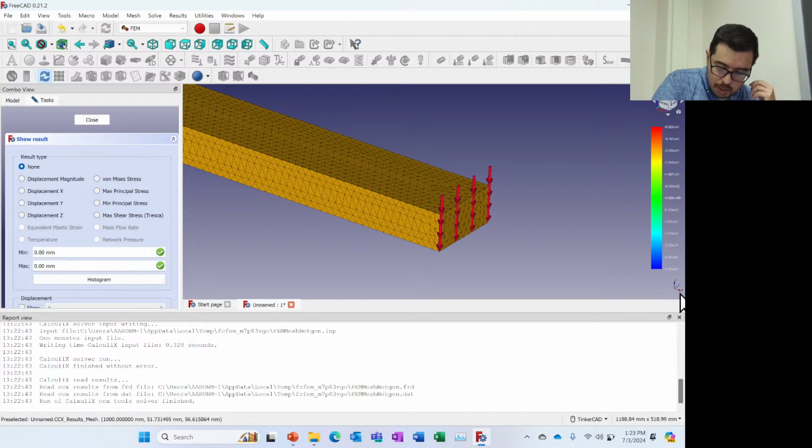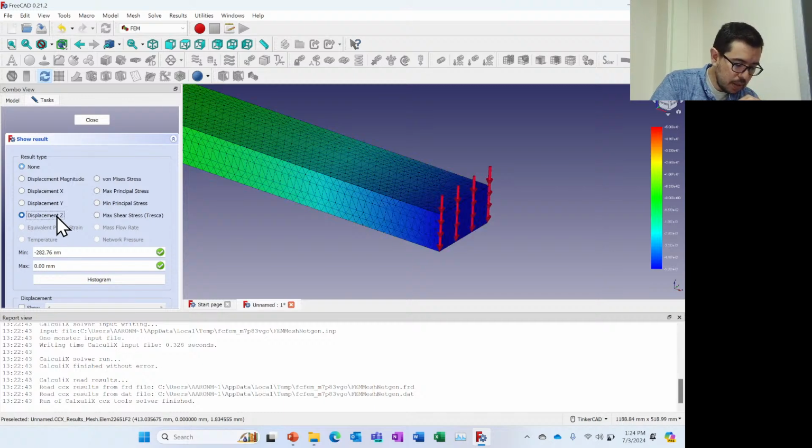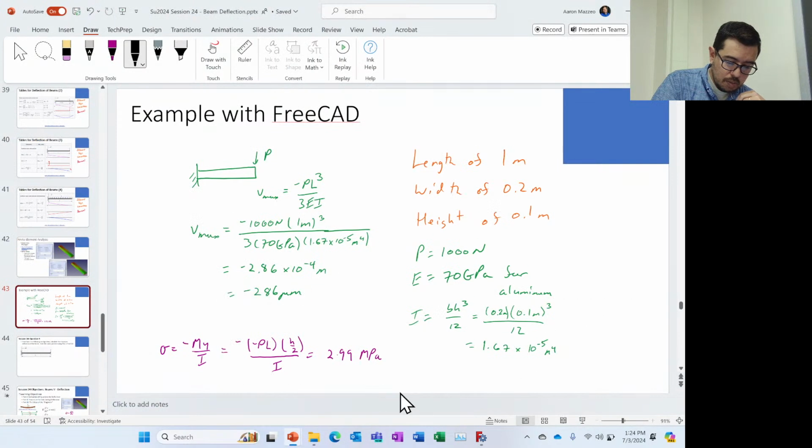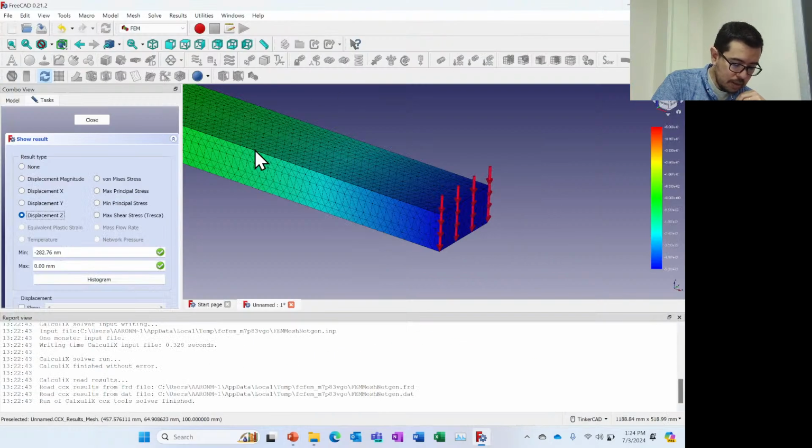290 microns is equal to 0.29 meters. So it's probably too hard to see here, but Z is actually upward. So if we look at the displacement, what do we get? We get minus 283, minus 283 Newton meters. Oh no, that's not right, sorry. Wait, the maximum.